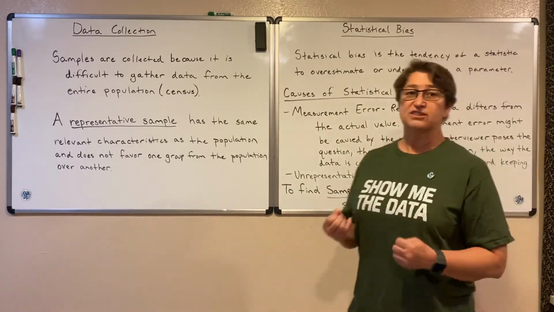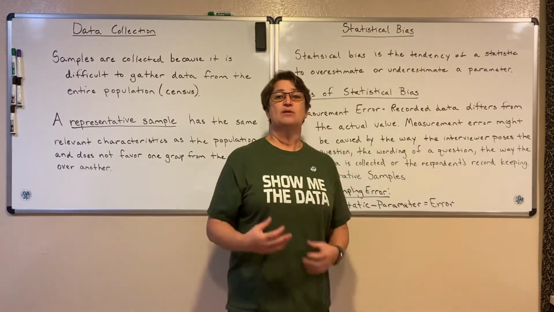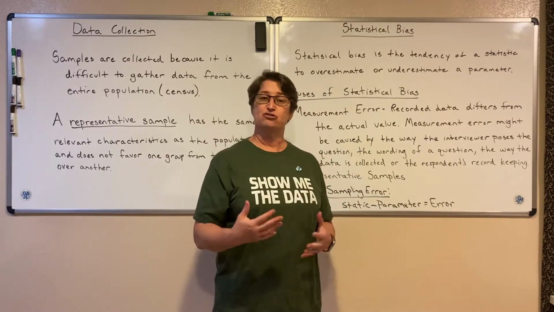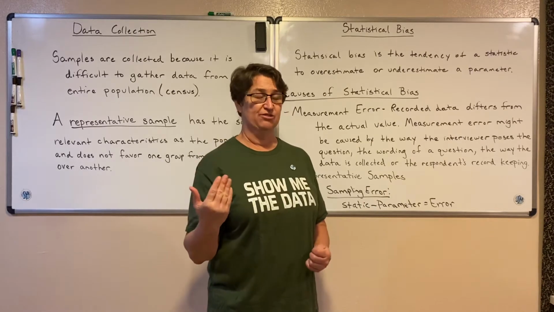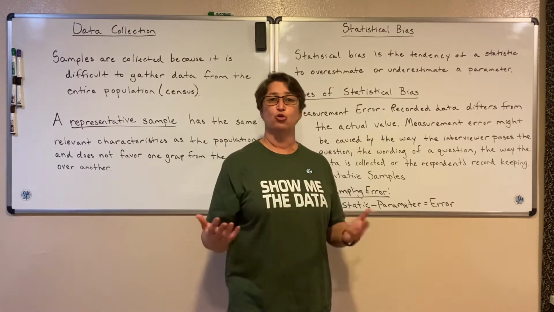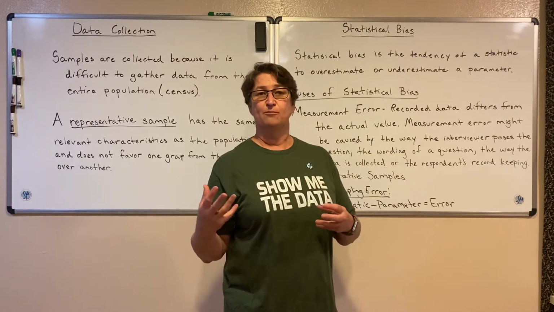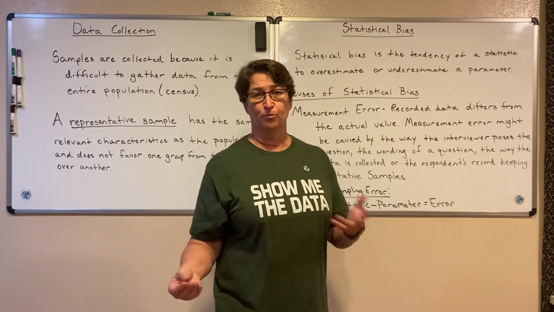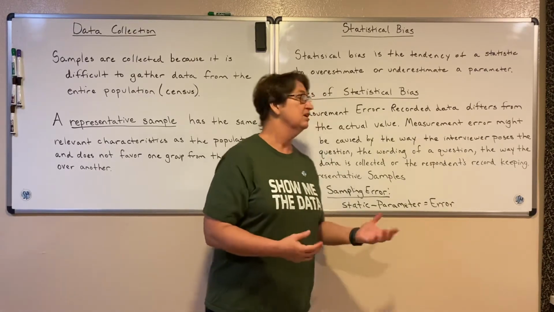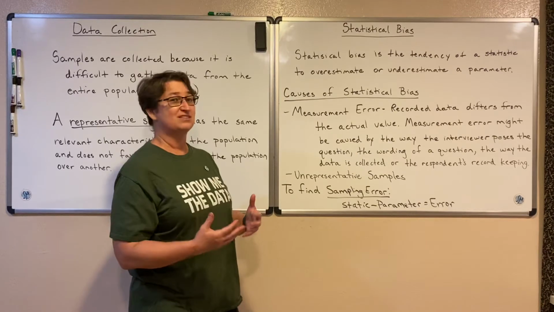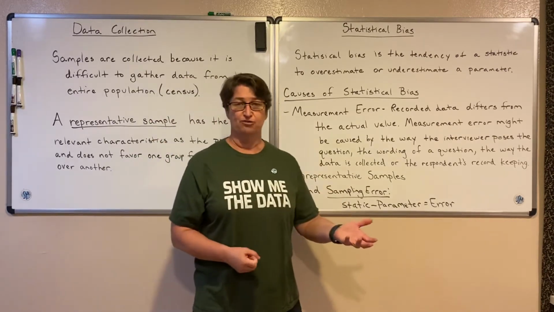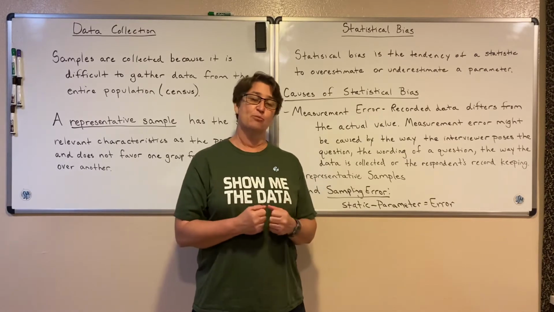So a statistical bias in statistics is different than just the word bias that we typically think of. When we typically think of bias, we think of having some personal reason to favor one group over another. That's not how it is in statistics. Statistical bias is just the tendency of a statistic to overestimate or underestimate a parameter.